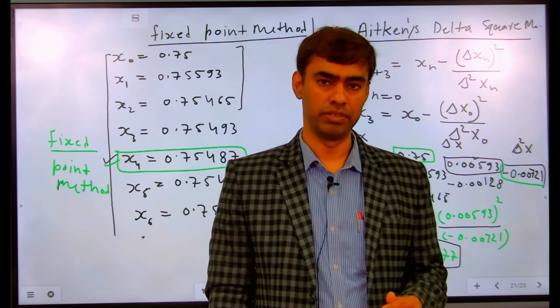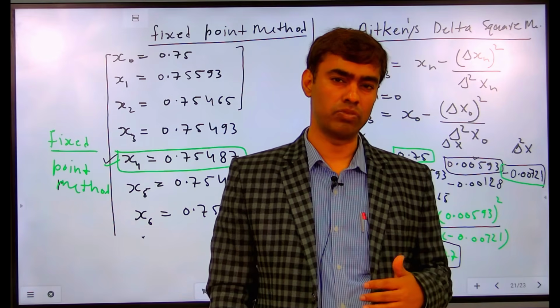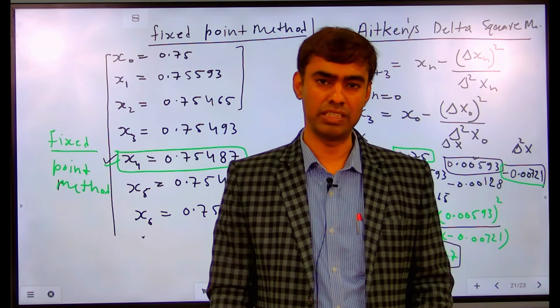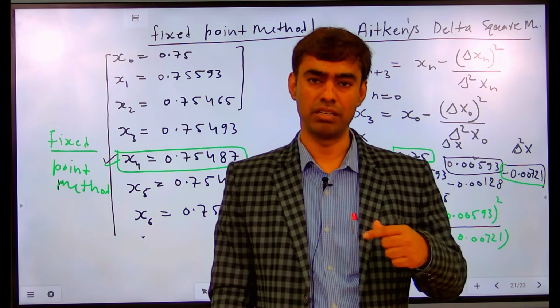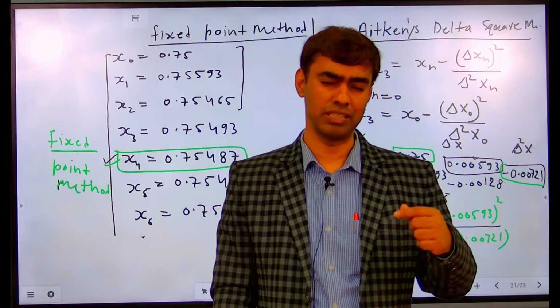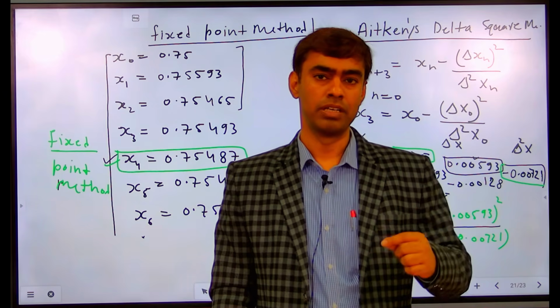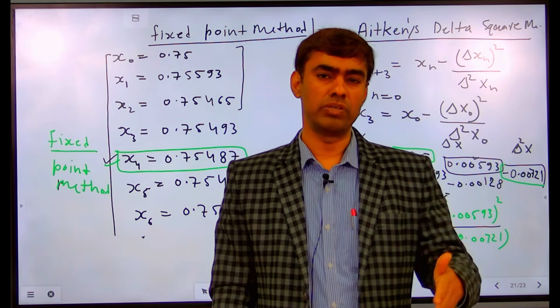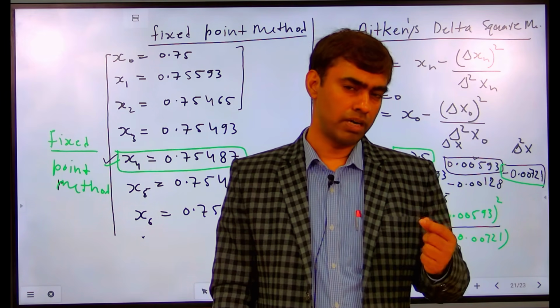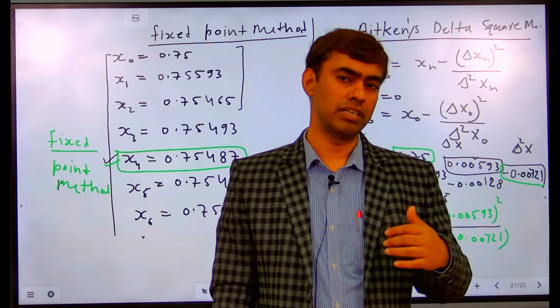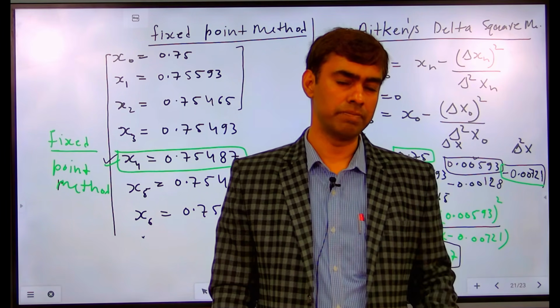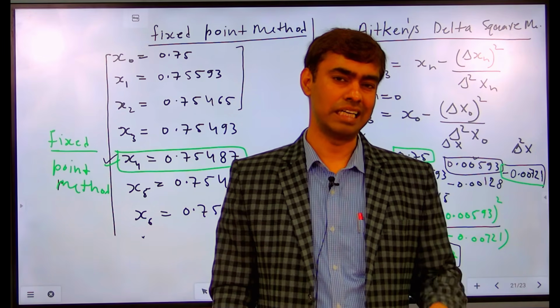So what is the summary of Aitken's delta square method? Aitken's delta square method accelerates the rate of convergence, especially in the fixed point method. The number of iterations required to achieve the same level of accuracy in Aitken's delta square method in comparison with the fixed point method is less.